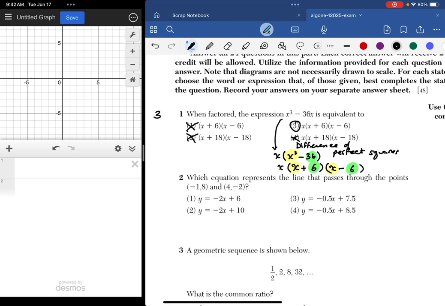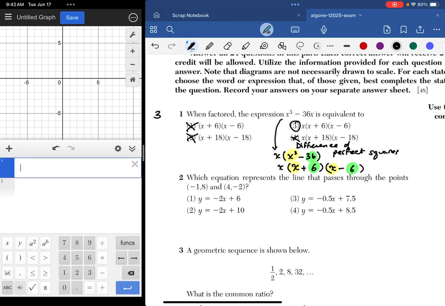All right. Another possible approach, and this is like in case of emergency, you could pick a value for x and put it into all 4 choices and see which one is equivalent to what you started with. So that's what you would do if you're in a jam and you don't really know how to do this.